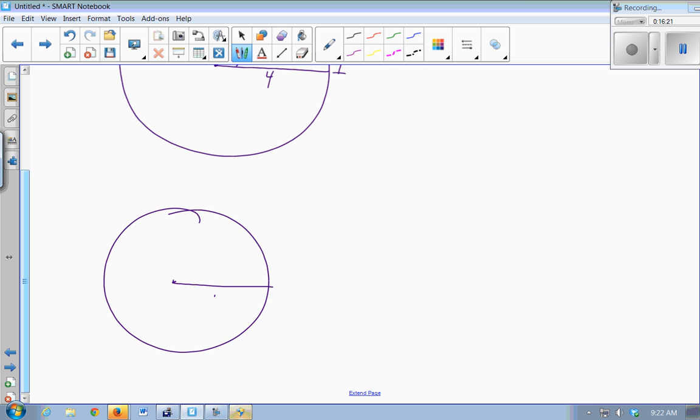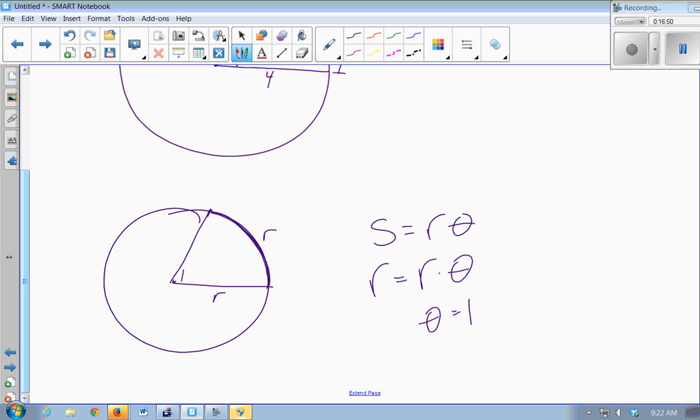So if this is my radius R, and I had a piece of string to lay along my arc length that's equal to R, this is 1 radian. So if I used this formula, S equals r theta, my arc length is R, my radius is R, then theta has to be 1. If it's given in degrees, you have to convert it to radians and then use that formula.